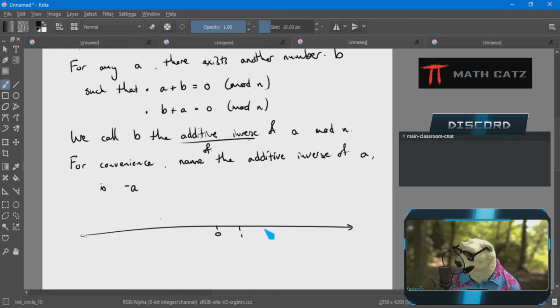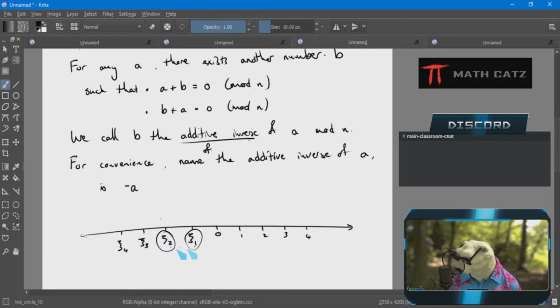But long ago, they didn't know what to call these things. They just knew there were these other numbers. Call them whatever you will. That when I add this guy to 1 on the number line, I get 0. So this is the additive inverse of 1.